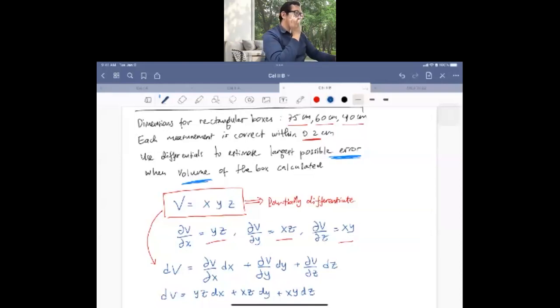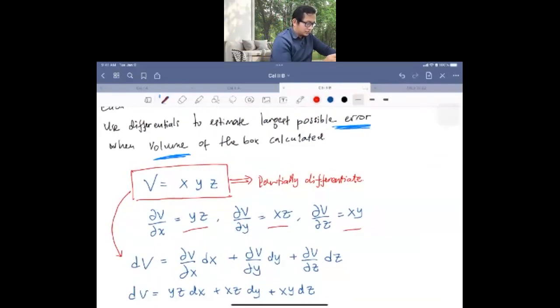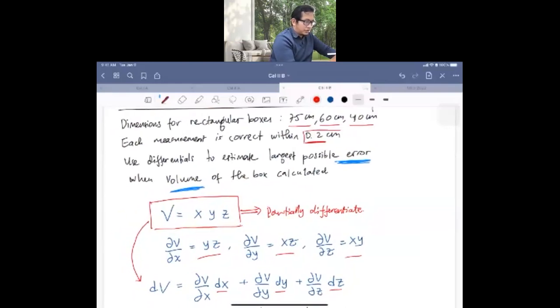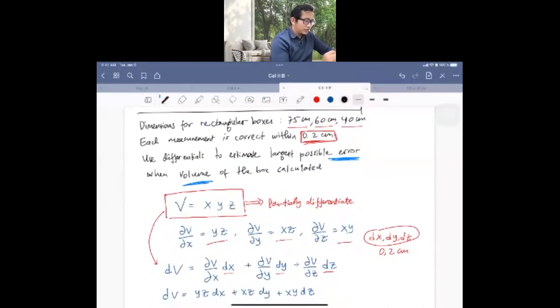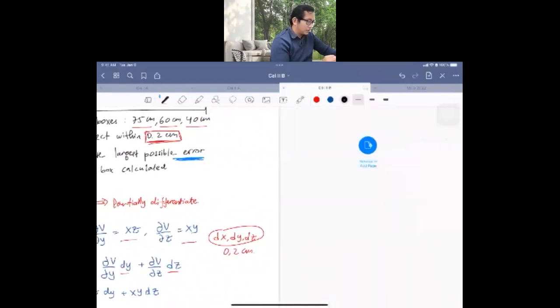The dx, dy, and dz are actually our measurement errors for each length. So dx, dy, and dz are all 0.2 centimeter, and we input 0.2 as dx, dy, and dz. Let me move to the next page.